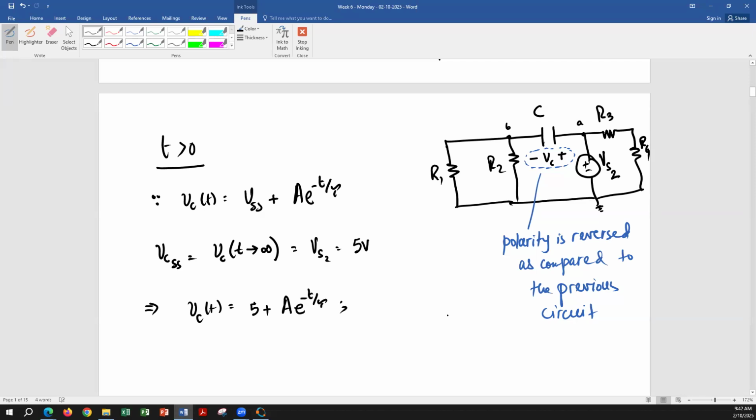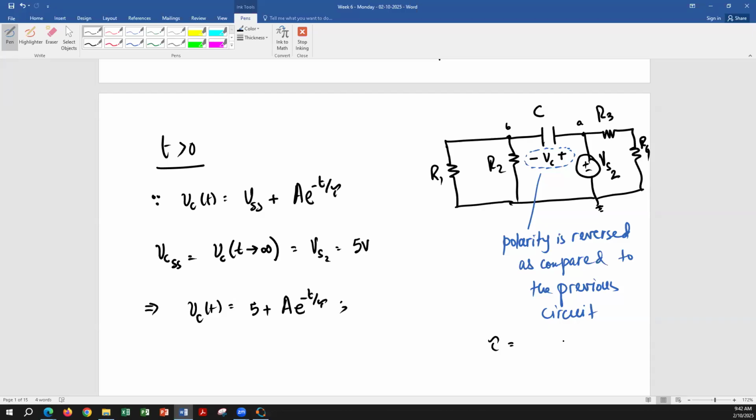Okay, now what is tau? Now we know the formula, R times C, right? But what will be tau? Hold on. Let other people also answer. And remember, you have to make the circuit natural circuit when you are calculating tau.